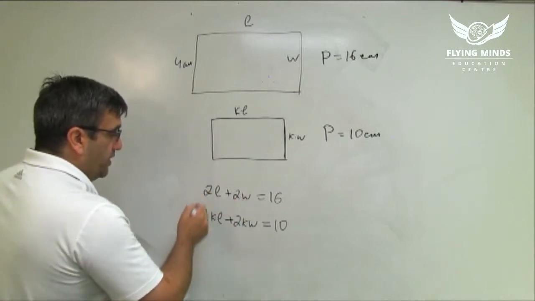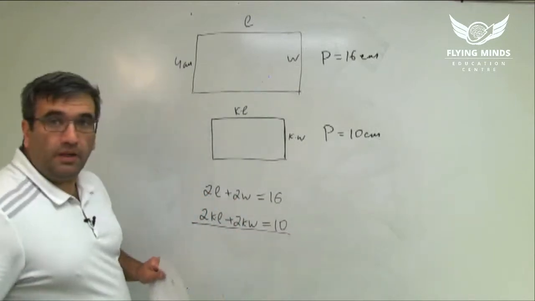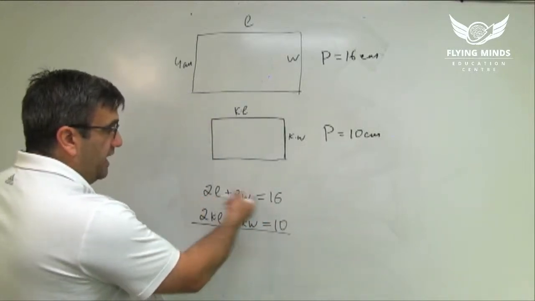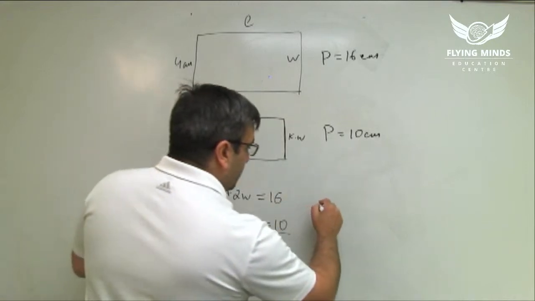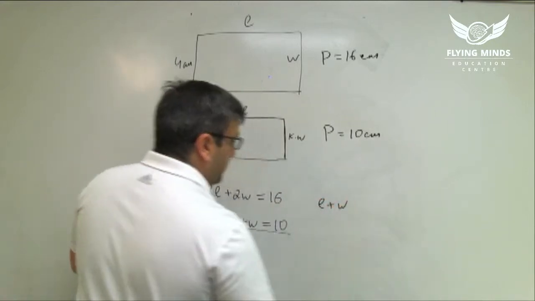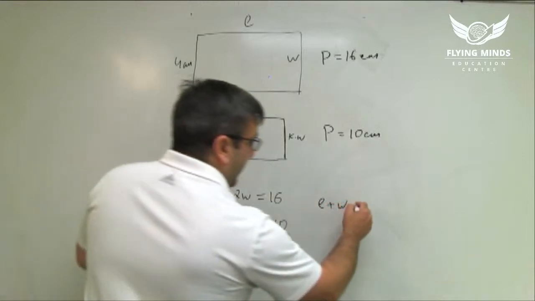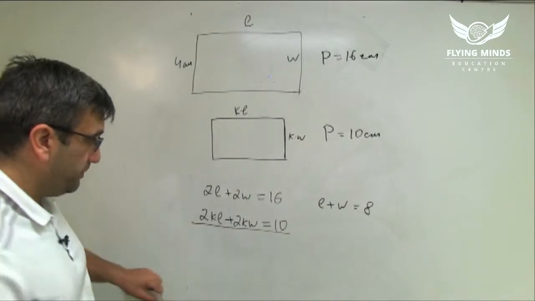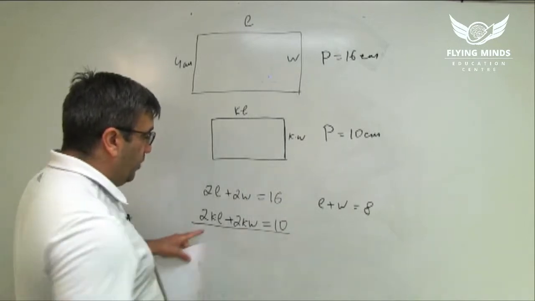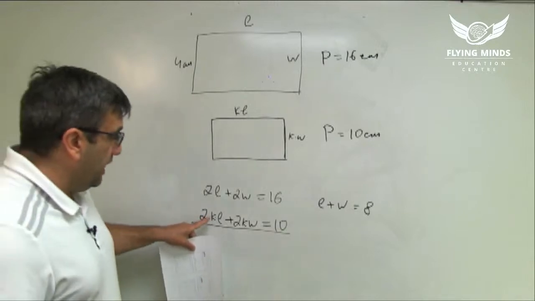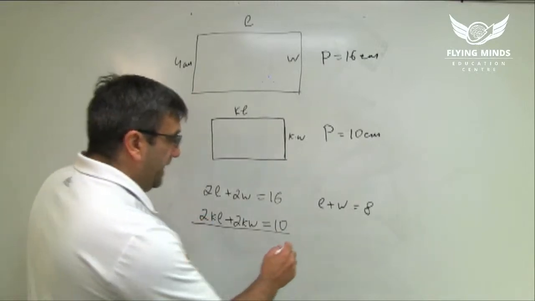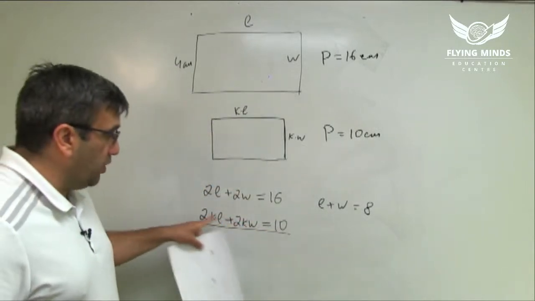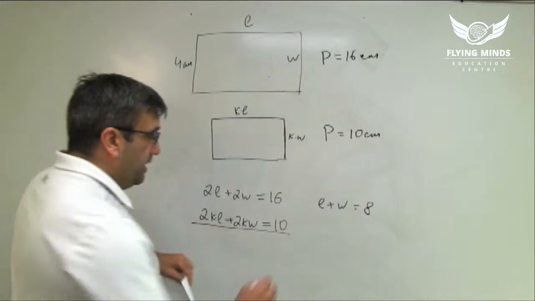Right? So from the first equation, we can calculate that 2 is the common factor, and we divide by 2 both sides, and we get that length plus width equals 8. Okay, so same we can do in the second equation. Common factor will be 2, so we can divide both sides by 2 because 2 is a common factor of all terms.